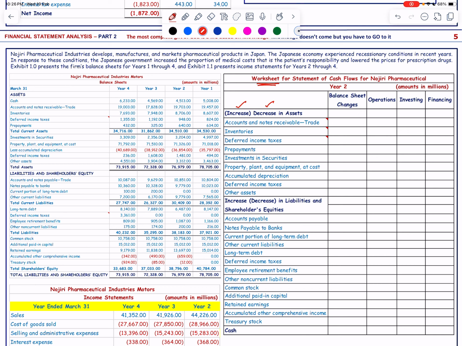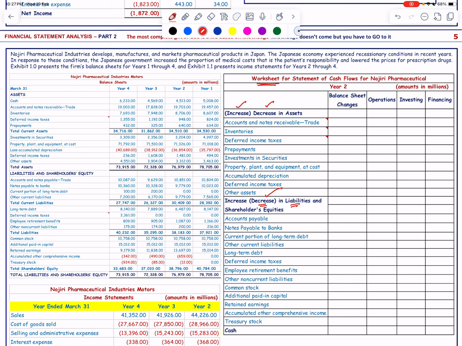Now, look at the liabilities. It is just the reverse. You can see that we are putting the decrease in liabilities in brackets, and the reason is that this indicates a cash outflow or a reduction in cash. So when liabilities decrease, it means the company has used cash to settle those obligations, which decreases the available cash.